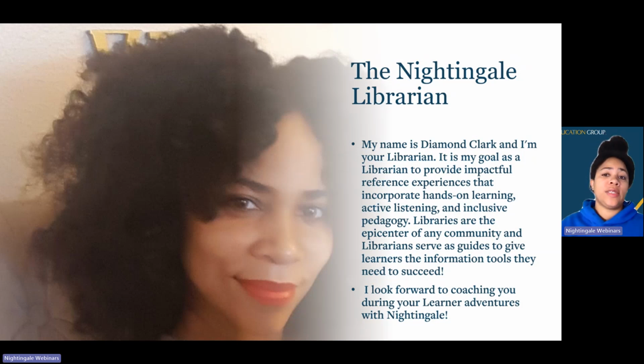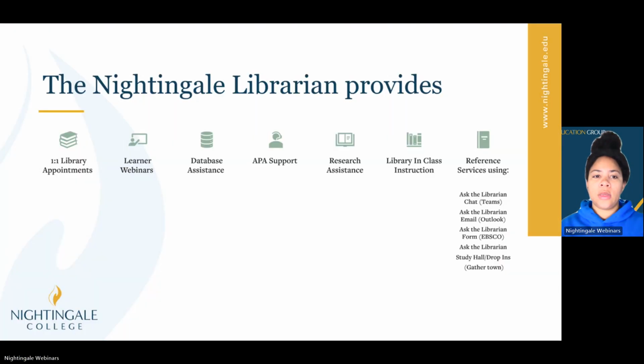Let's talk about some of the services that the librarian provides. So the librarian offers one-on-one library appointments, learner webinars. We also offer database assistance. So we'll talk a little bit about the research databases that are available to you as a student.